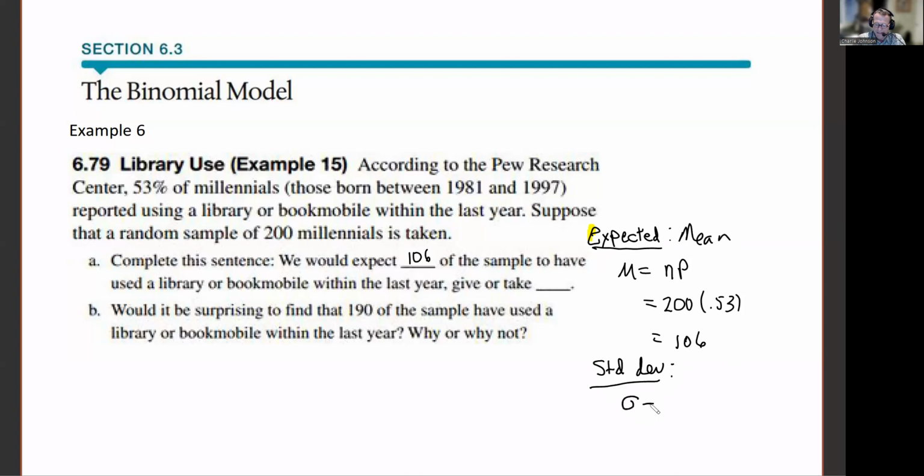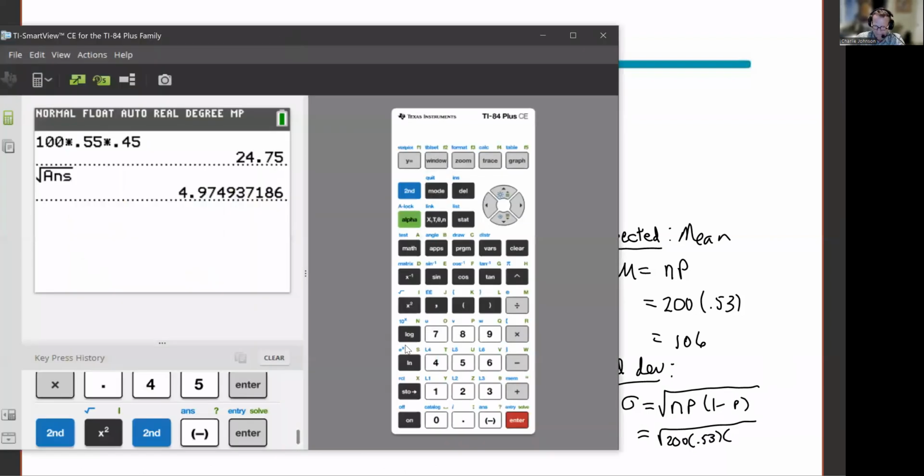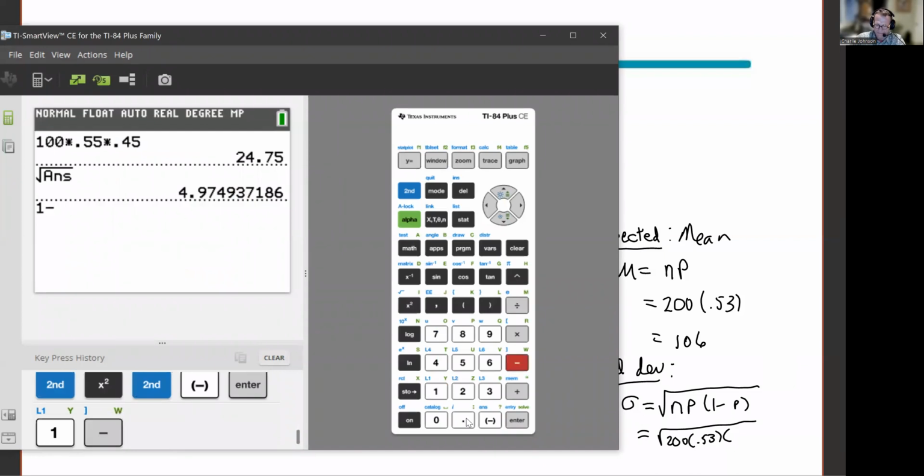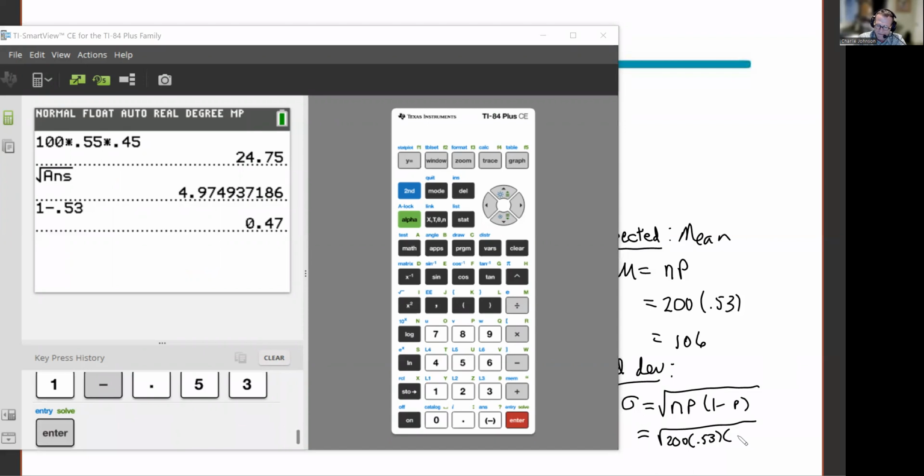And so sigma is equal to the square root of np times 1 minus p. So in this case, we have the same numbers there, 200 times 0.53 times 1 minus 0.53, which is 0.47.